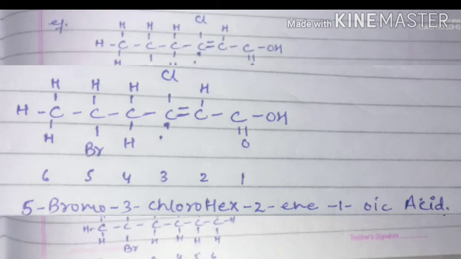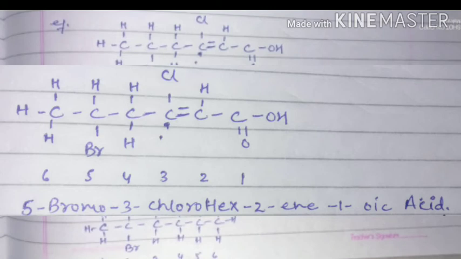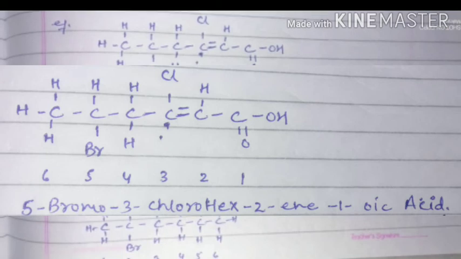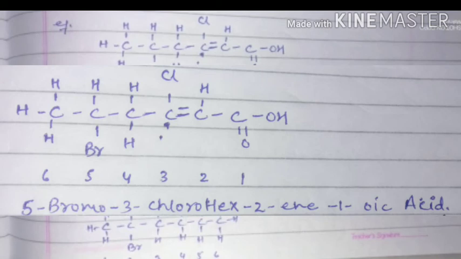The first number is going to the functional group, then the second number is going to the double bond. The double bond is present between the second and third carbon, but we need to give the least number to the double bond or the triple bond. Yes, we cannot give 3 here, we need to give 2, the least number.